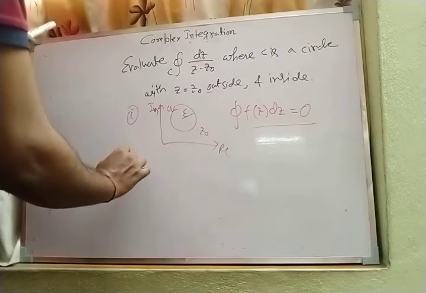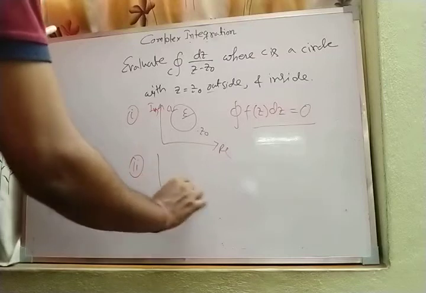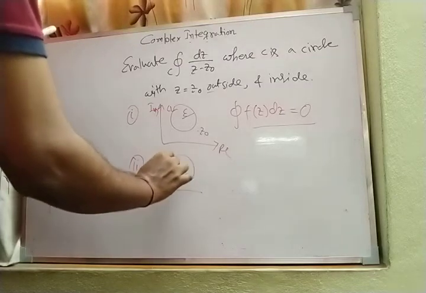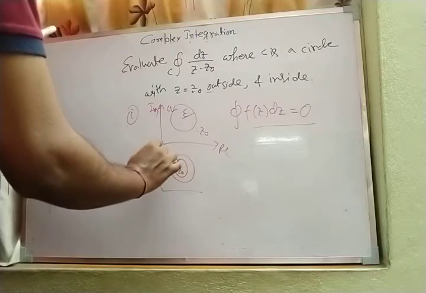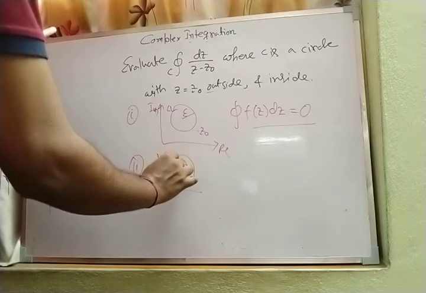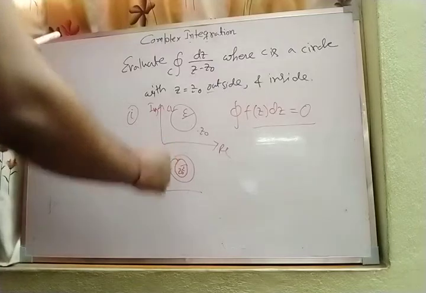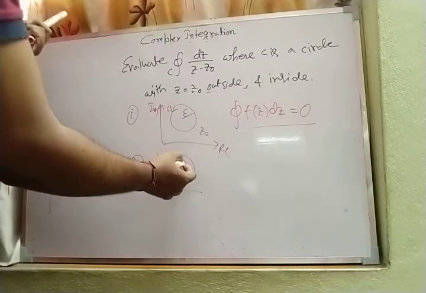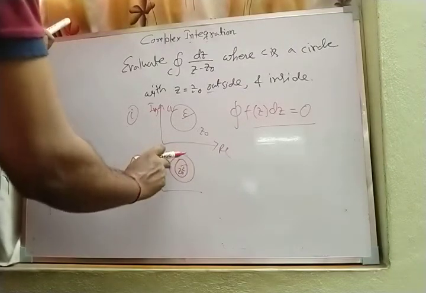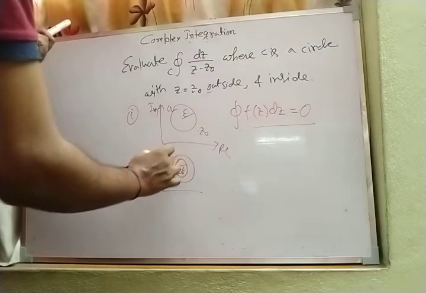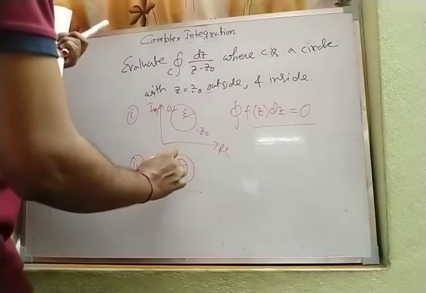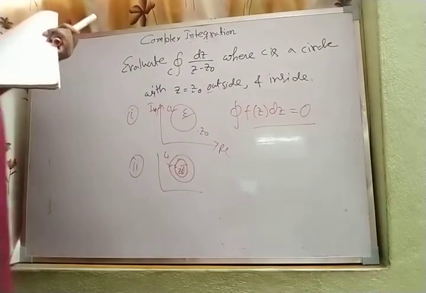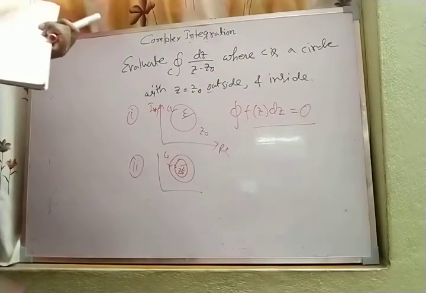Now the next interesting thing is when the point z0 is inside. So we are drawing two circles inside the curve, around z0. One is for the region and one is for the z0 point. Okay.